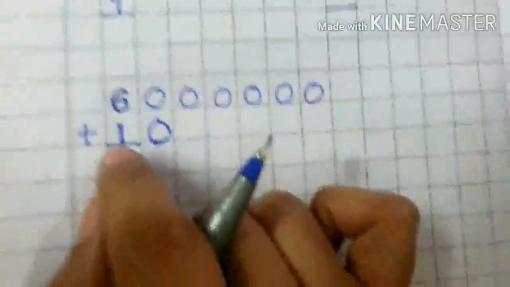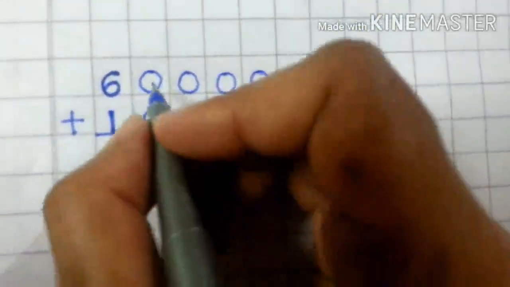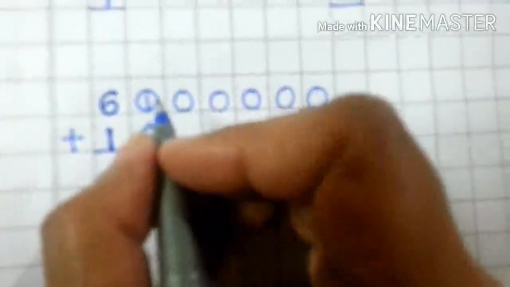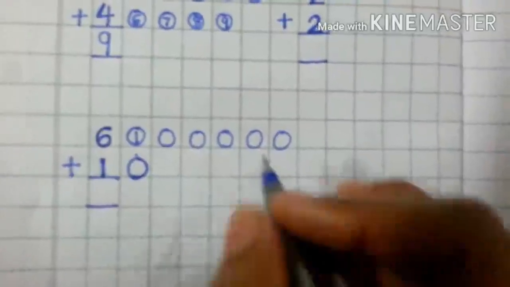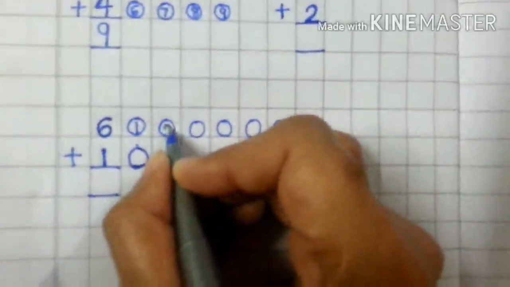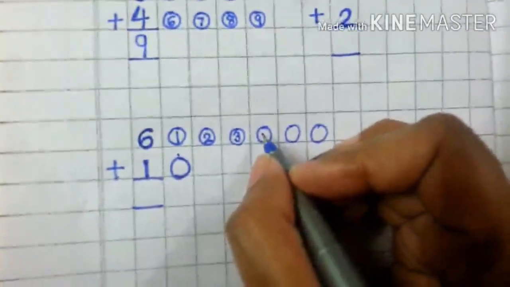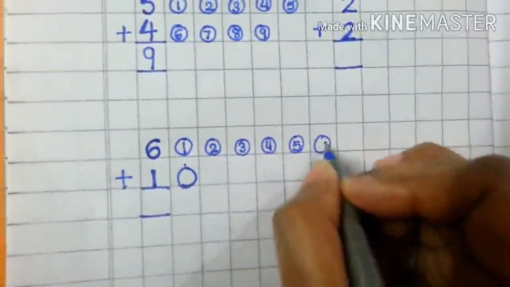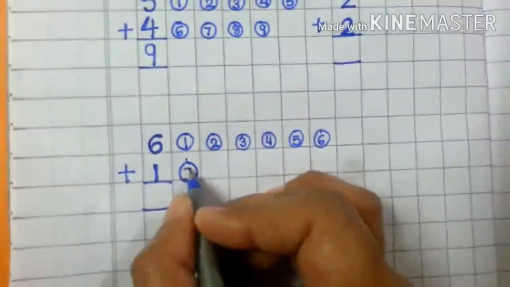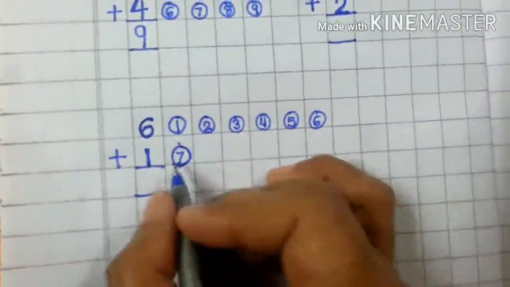Now, how many marbles we have now? Let's count with me. 1, 2, 3, 4, 5, 6, 7. So we have 7 marbles.